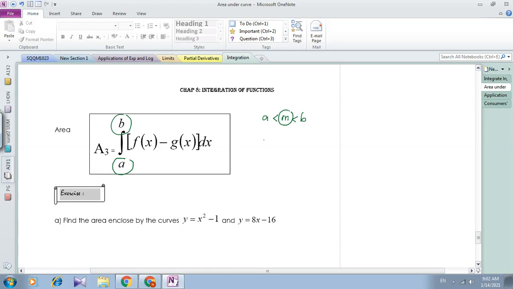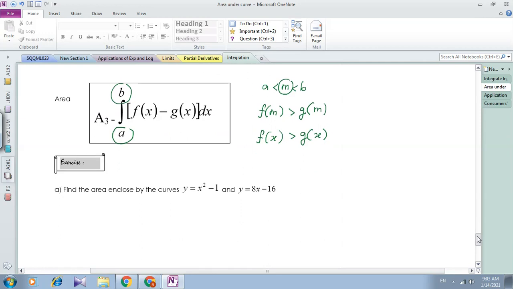That means if f(m) is greater than g(m), whenever you can show this, that means f(x) is greater than g(x). This is how you check which function is bigger than the other, because the bigger function will subtract the smaller function.